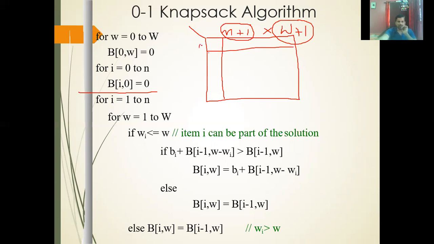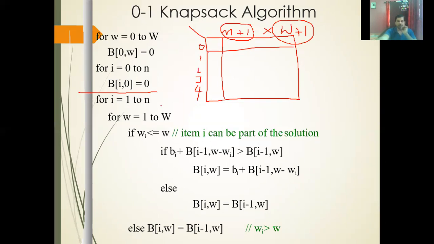So this is 0. As I already mentioned, there are n number of items, 1, 2, 3, 4. There are 4 items. Capacity, if it is 5, 0, 1, 2, 3, 4, 5 it goes.